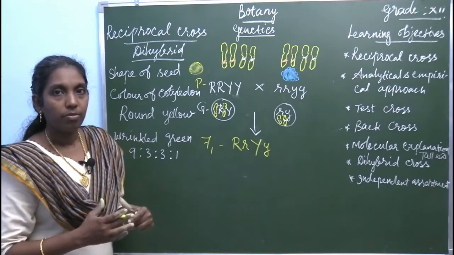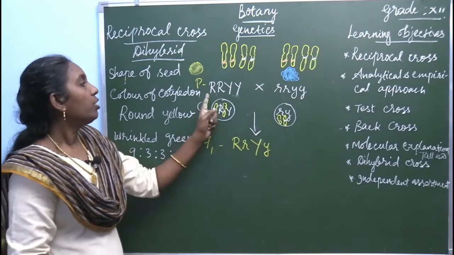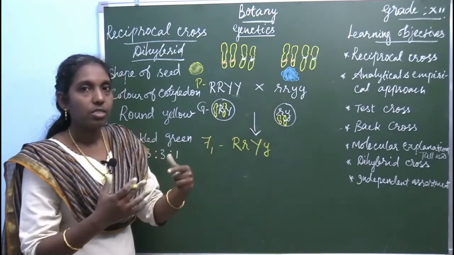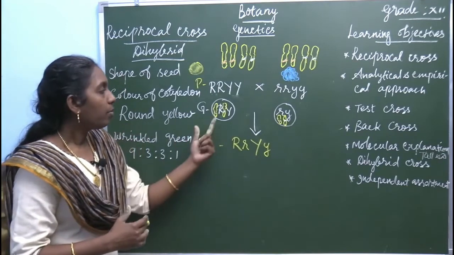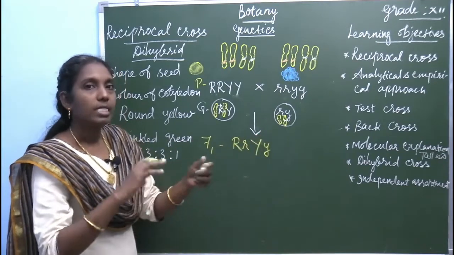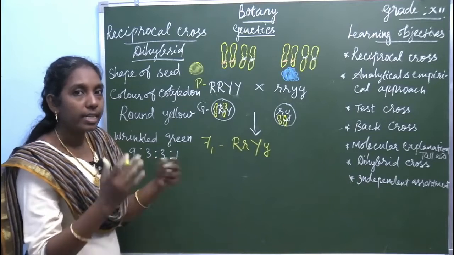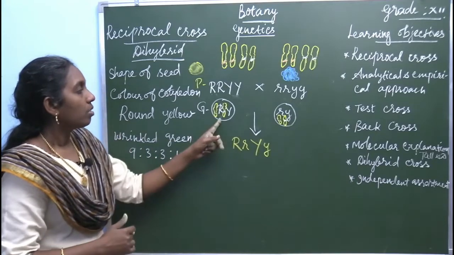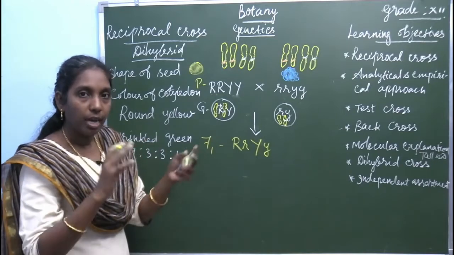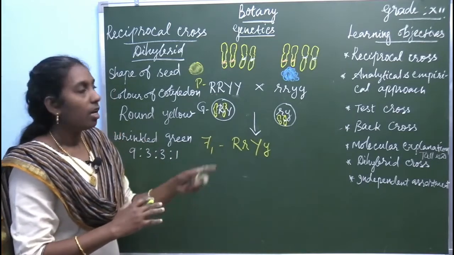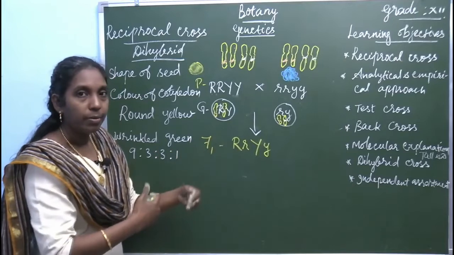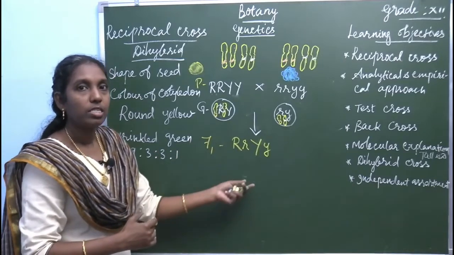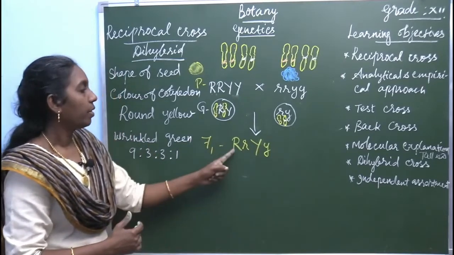What is meant by the law of independent assortment? When two contrasting characters are combined at the time of gamete formation, these characters are segregated independently. They assort independently. So at the time of separation, the gametes assort independently.